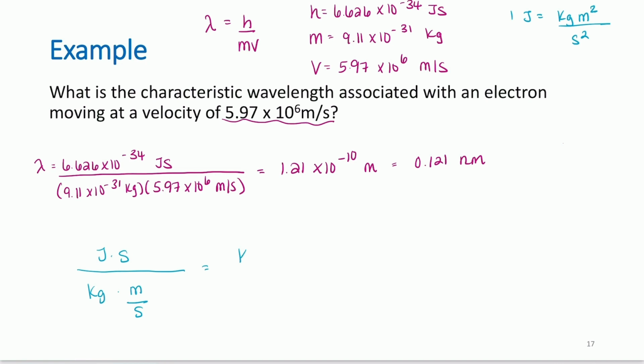So I'm going to say kilogram meters squared seconds to the minus 2, times seconds, because this is all from joules, divided by kilogram meters seconds to the minus 1.